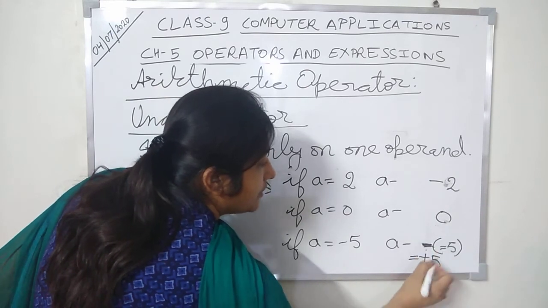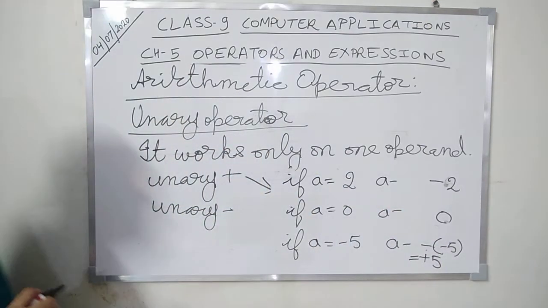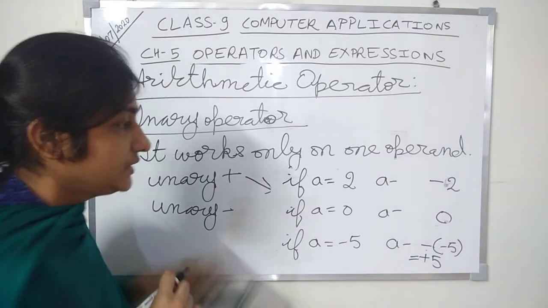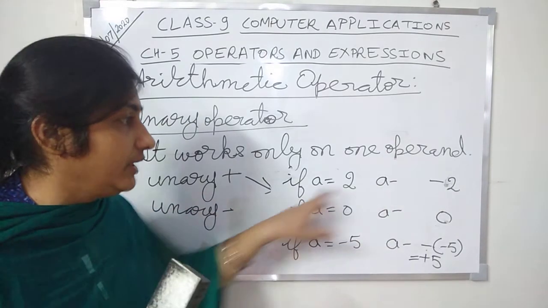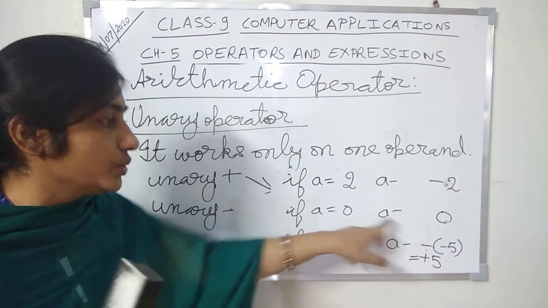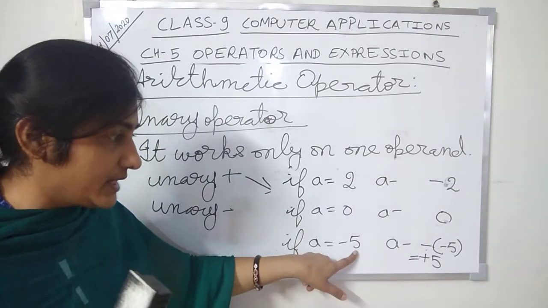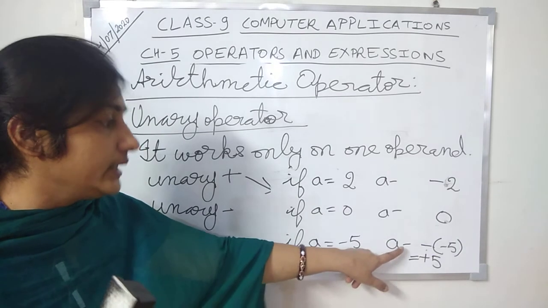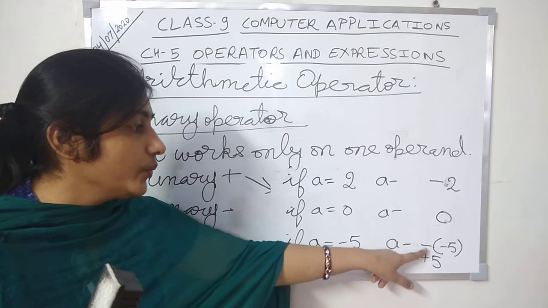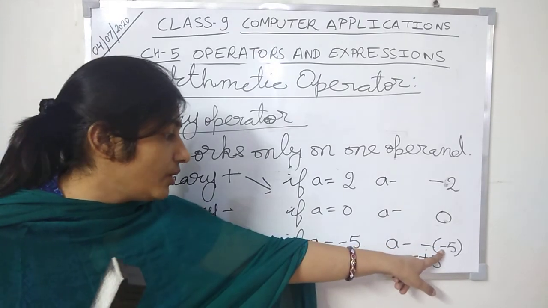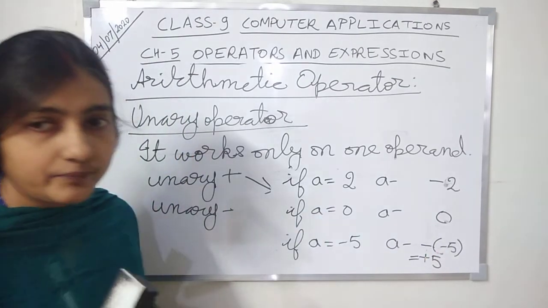Minus, minus becomes plus, same as you do in maths. How? Because the original value of A is minus 5, but with unary minus it becomes plus 5.